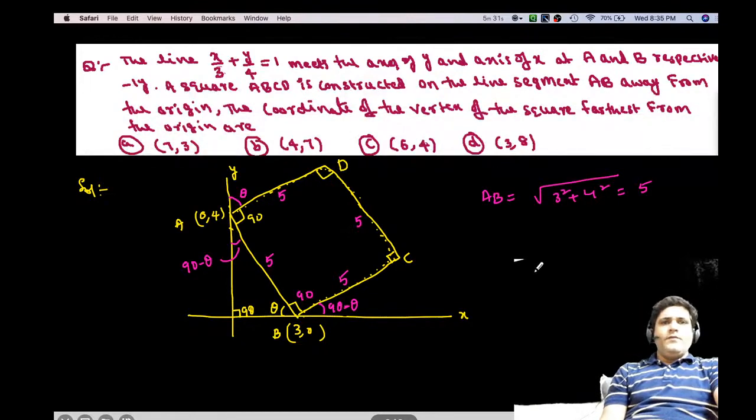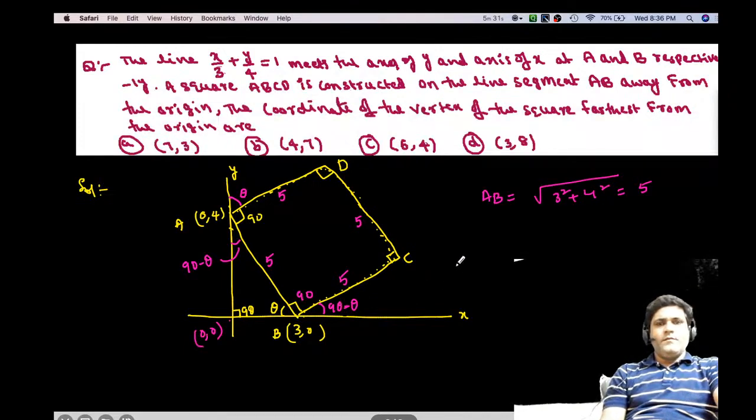Now the question is, from the origin, which vertex is the farthest, means either C or D. So our job is to find coordinates of C and coordinates of D.